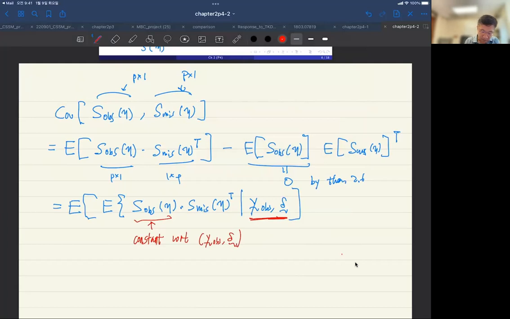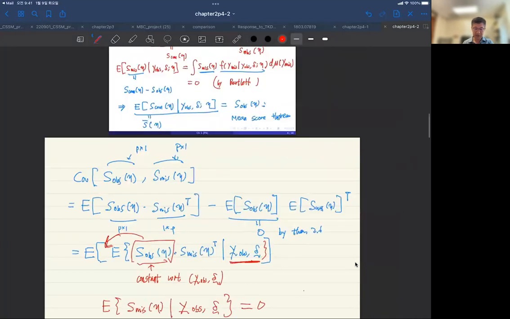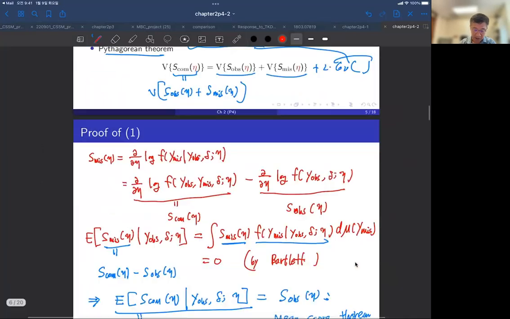So then it can go outside the expectation. And then the only thing left inside is this guy, given y obvious and delta. This is 0. That's what we studied here, right?